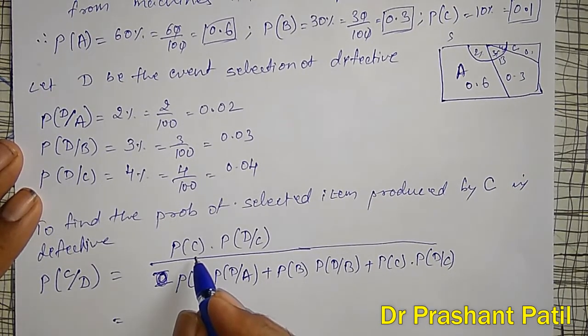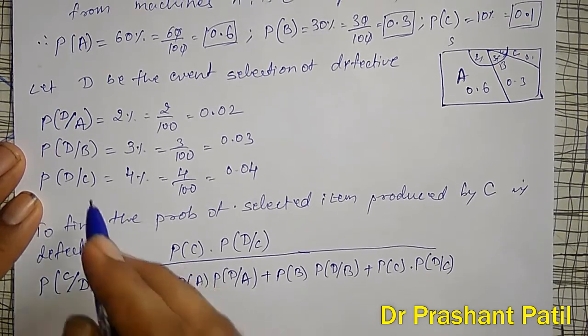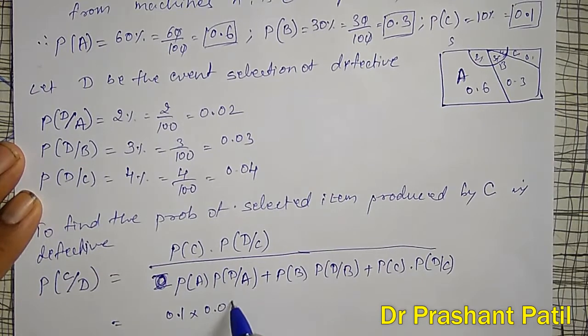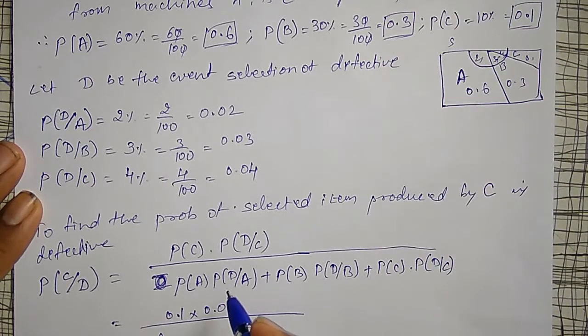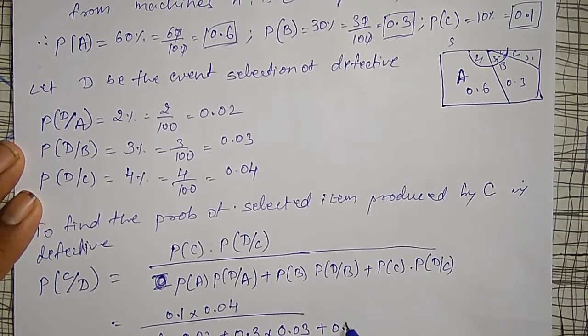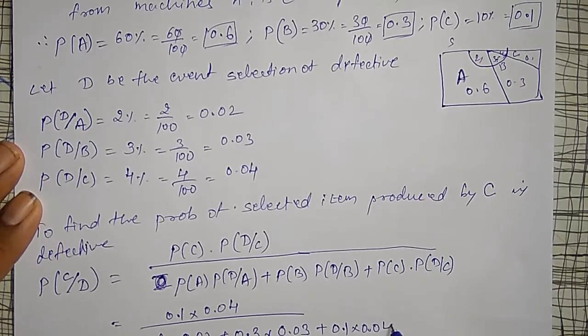Probability of C is 0.1 into probability of D relative to C is 0.04, divided by probability of A is 0.6 into probability of D relative to A is 0.02, plus 0.3 into 0.03, plus 0.1 into 0.04.